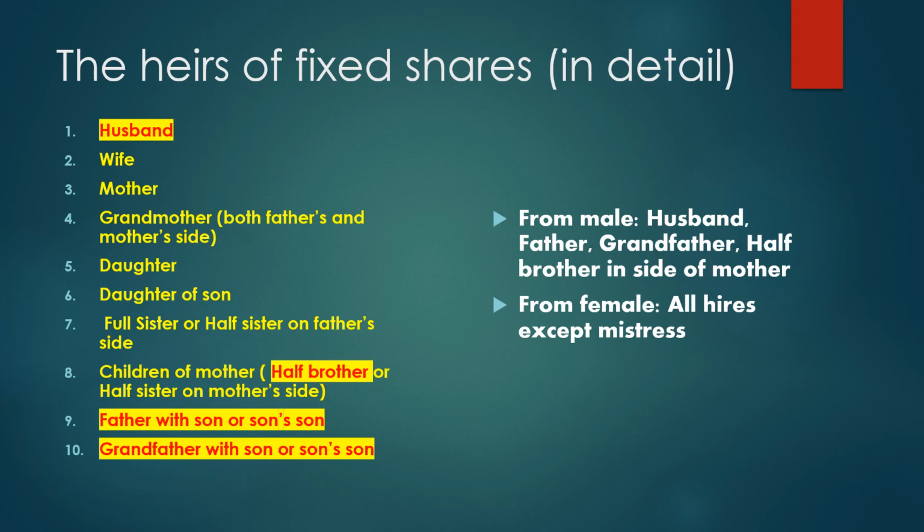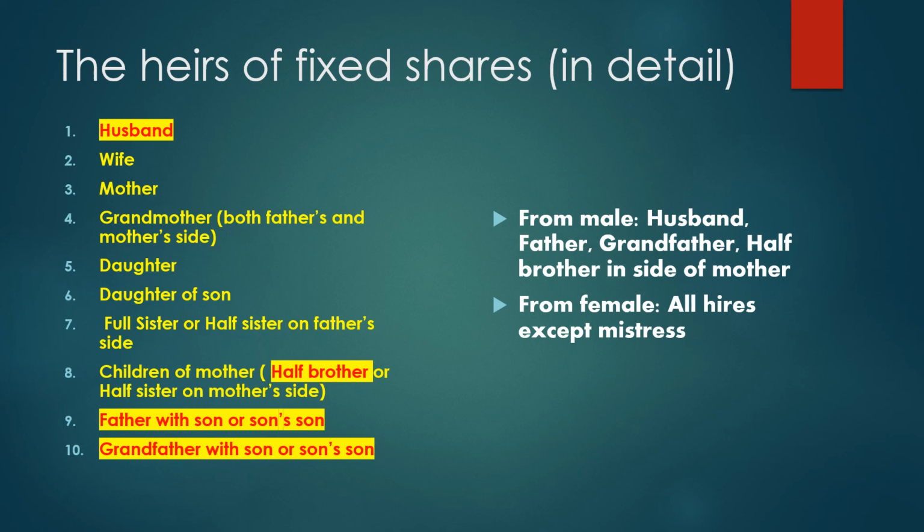Just count it, please. Husband 1, wife 2, mother 3, grandmother, both father's and mother's side, 4, daughter 5, daughter of son 6, full sister or half sister on father's side 7, children of mother, meaning half brother or half sister on mother's side 8, father with son or son's son 9, grandfather with son or son's son 10. These are the 10 heirs of fixed share.